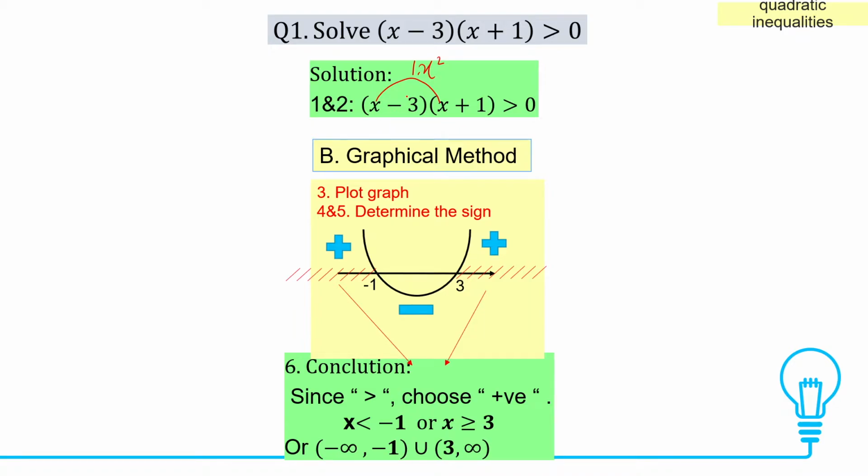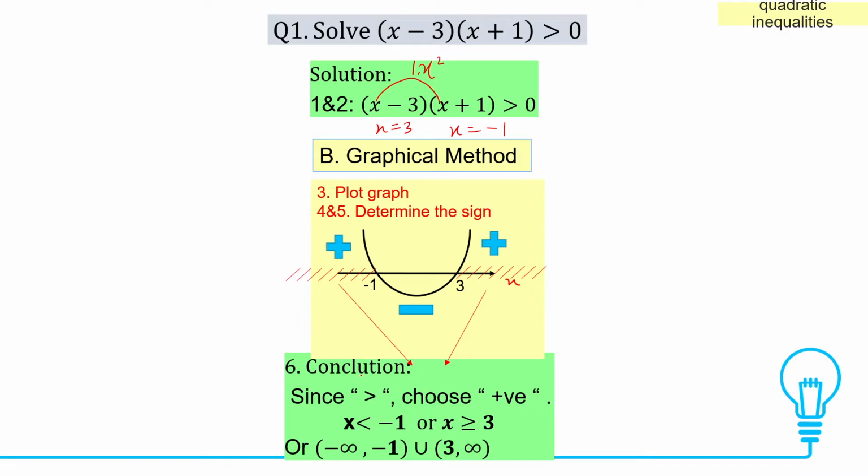From here we find our roots: x equals 3 and x equals -1. The line above the x-axis, I put the label positive. The one under the x-axis, I put it as negative.